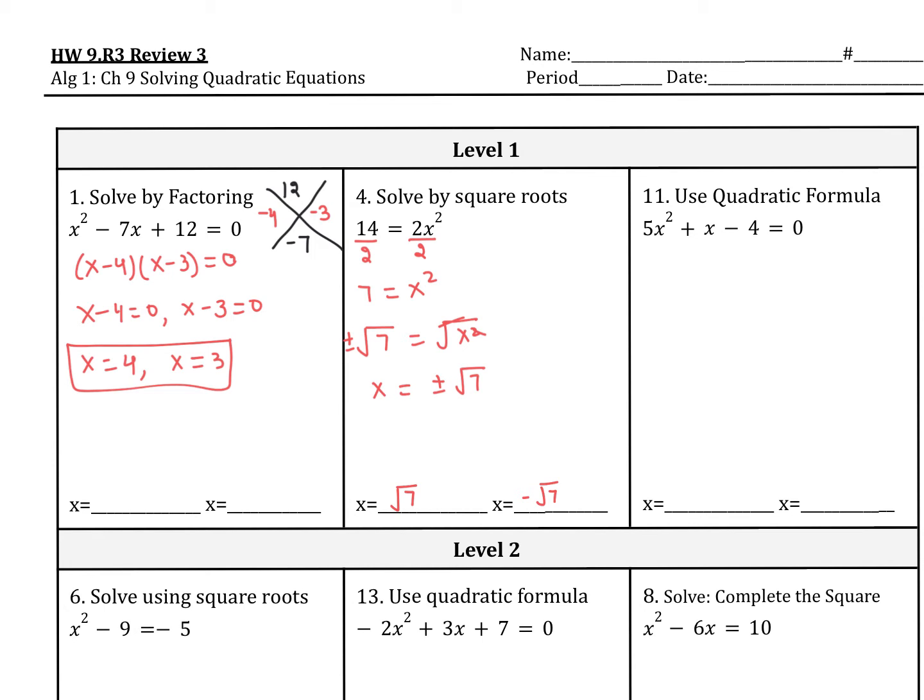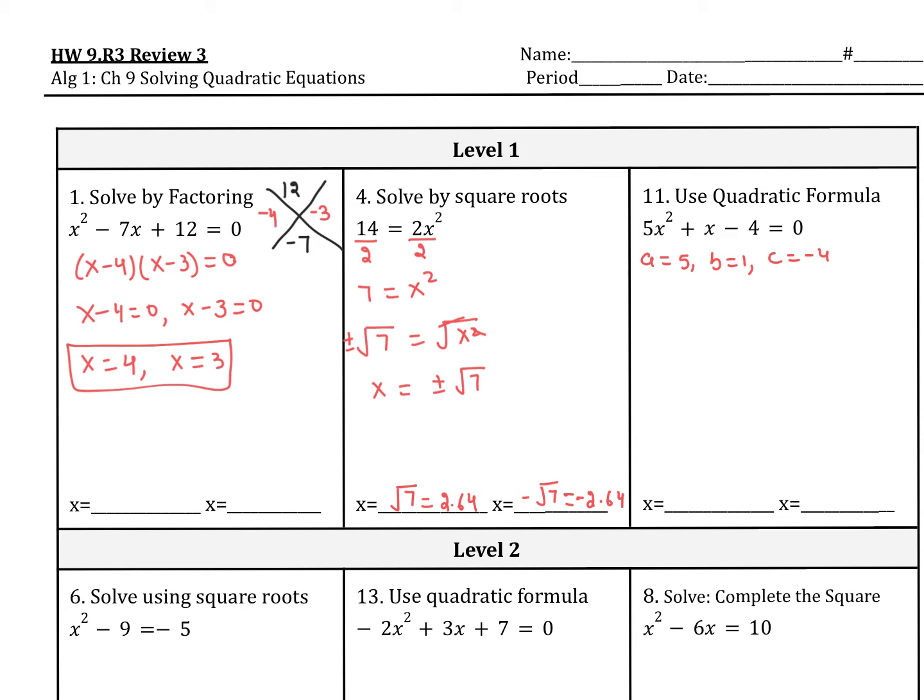You can also find these values as decimals using the calculator. The square root of 7 from the calculator is 2.64, and the other is -2.64.